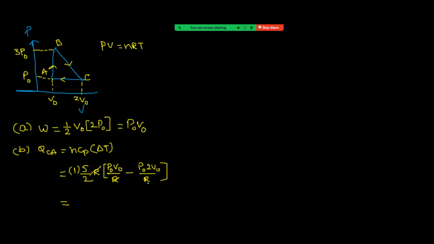R gets cancelled. It is P naught V naught minus 3 P naught V naught, that means minus 5 by 2 P naught V naught. That is now the heat rejected.